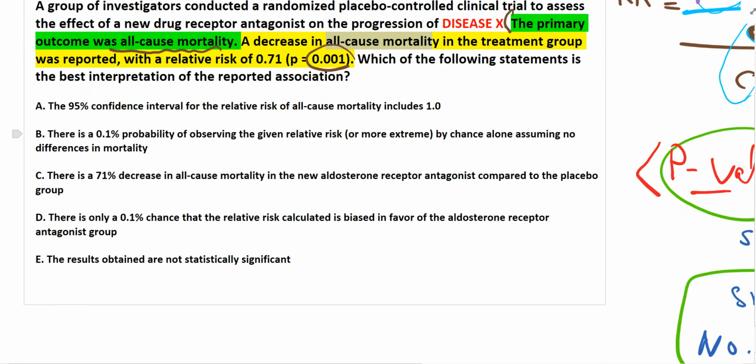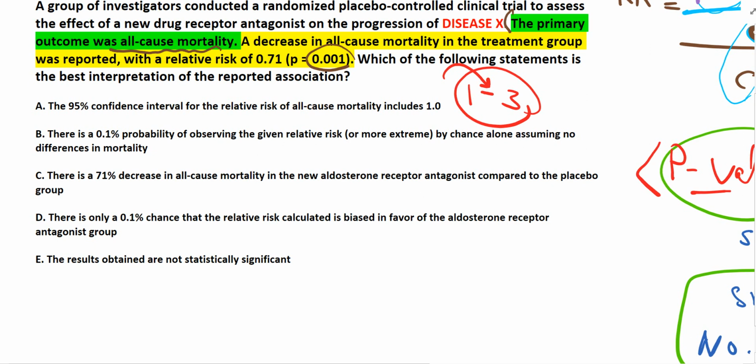Here it says that the 95% confidence interval for relative risk of all-cause mortality includes 1.0. Well, first of all, it did not mention a confidence interval. A confidence interval usually gives you two numbers, let's say from 1 to 3, and tells you that your number is falling in that range, but it did not mention it here.